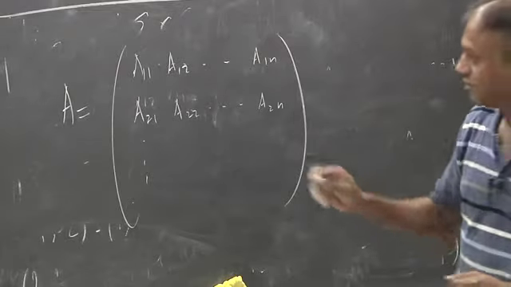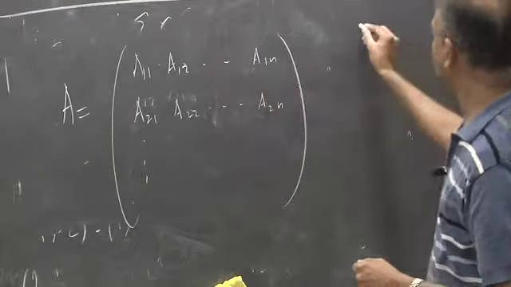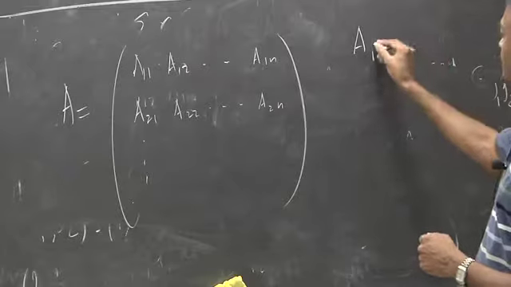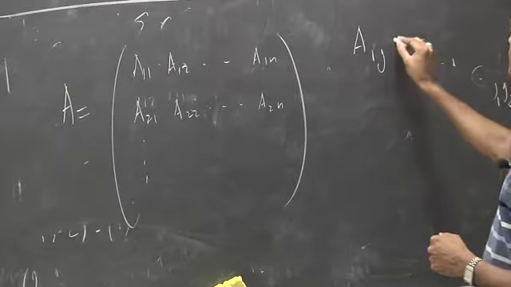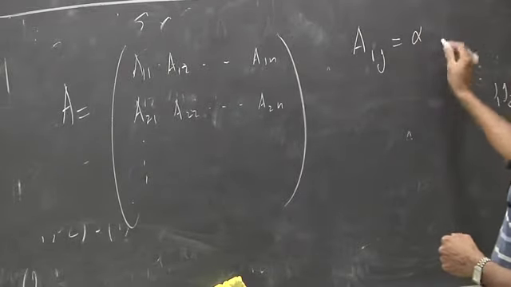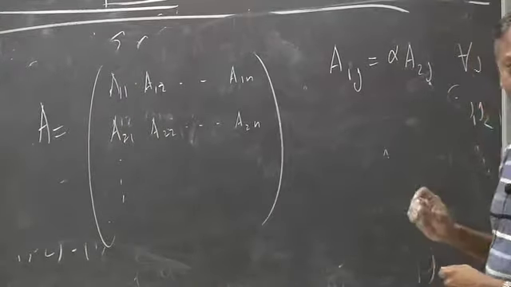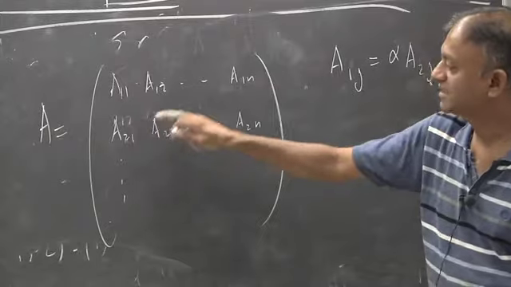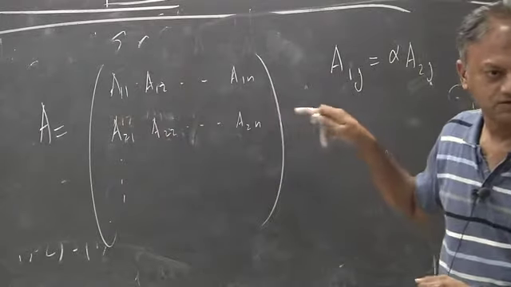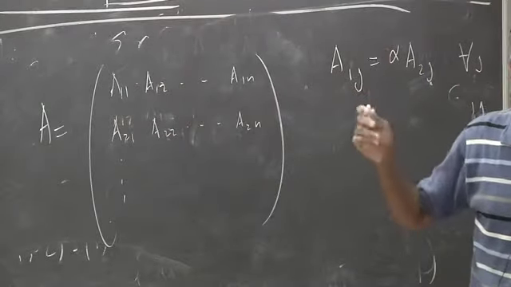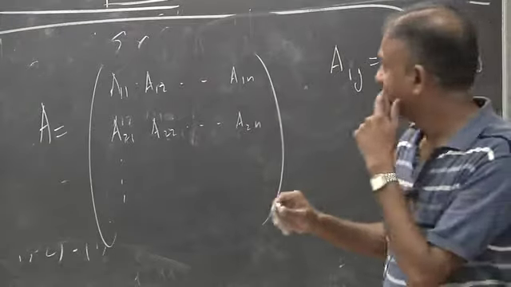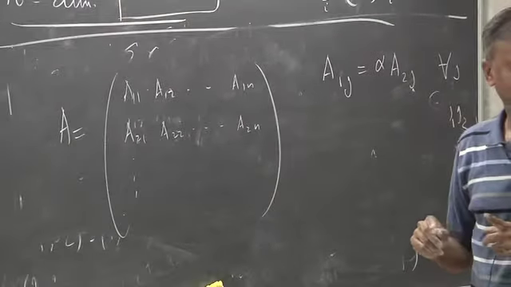In other words, A1j is equal to some number alpha times A2j for each j, for all j. So this is alpha times that, this is alpha times that, and so on. Just to take this case as an example. Then the determinant of A is 0.